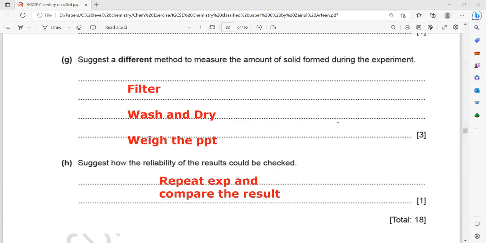Plotting graphs can also help identify anomalies. This was an insoluble salt, which is why we filtered, washed and dried it. As it is insoluble, the salt will not dissolve.